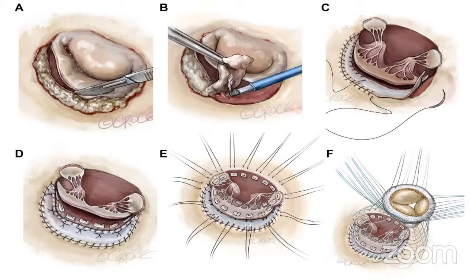After that, a piece of pericardium will be used as a patch for the defect in the posterior annulus after the decalcification. Then in picture D, the patch itself will be reinforced from the ventricular side with a Blodgett suture. After that, a valve suture will be placed, and a prosthetic valve will be parachuted and secured in a standard fashion.